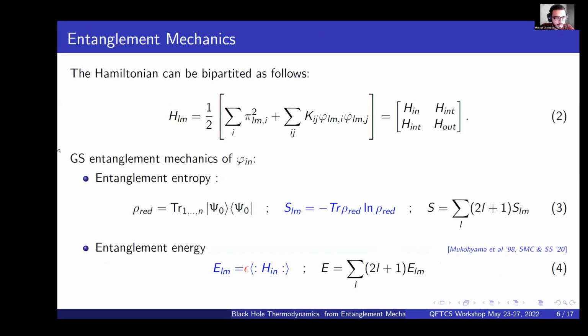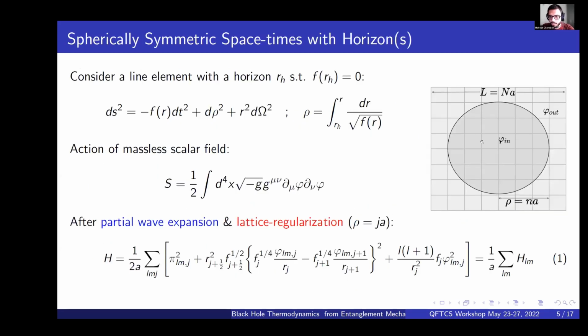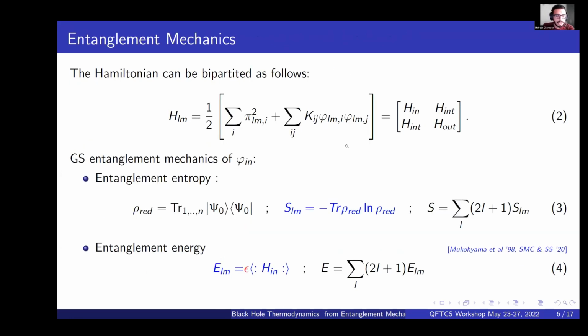And we will describe what is known as the entanglement mechanics, or what we mean by it, of this scalar field. So first of all, let us assume that the scalar field that is propagating is in a ground state psi 0. Now what we'll be doing is that we'll be tracing out the degrees of freedom corresponding to phi in over here. Now we do that from the density matrix.